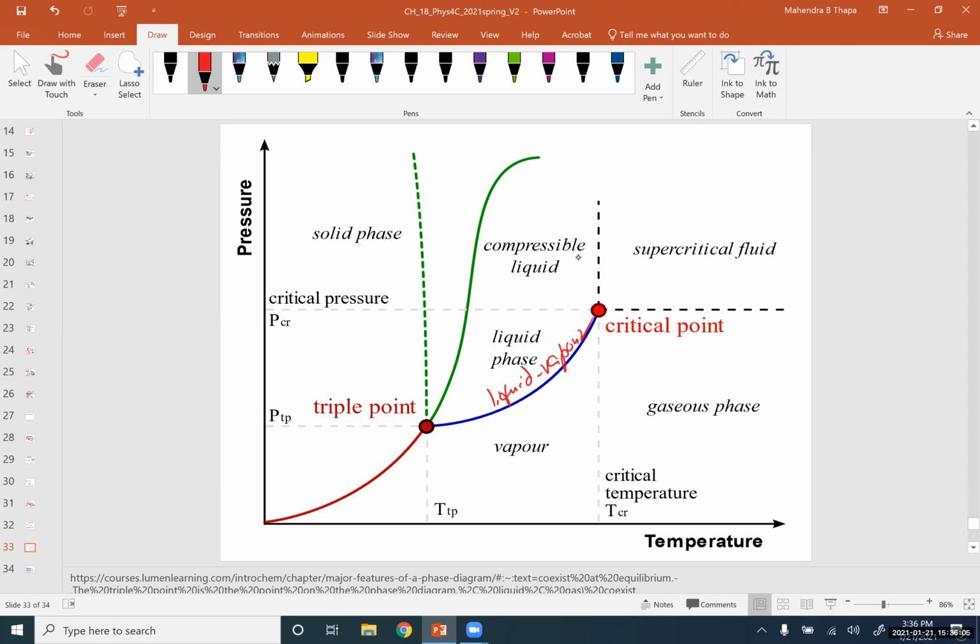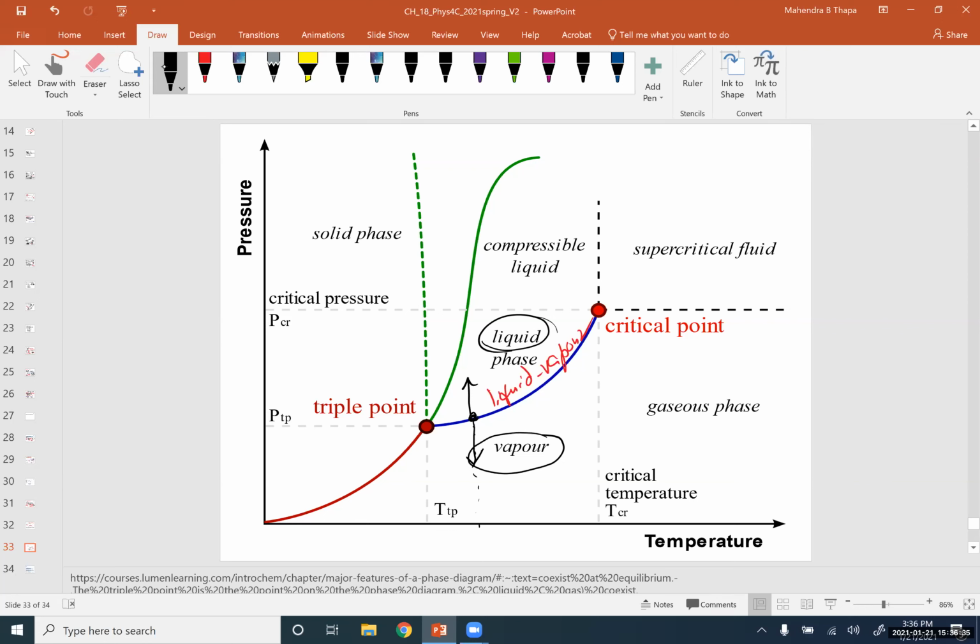If you consider one particular point over here, what will happen if you increase the pressure at this temperature? If you increase the pressure, it converts to liquid. If you decrease the pressure, it will be in the state of vapor. So this is the boundary line where liquid and vapor phase coexist.